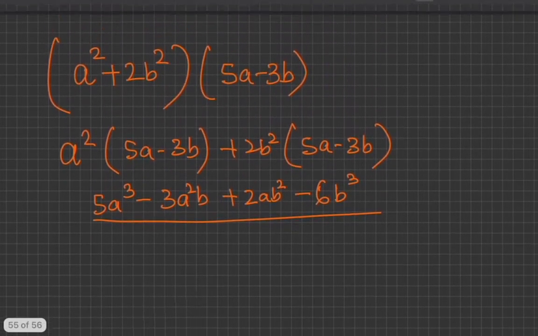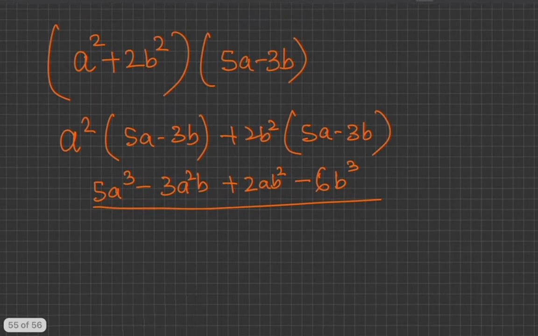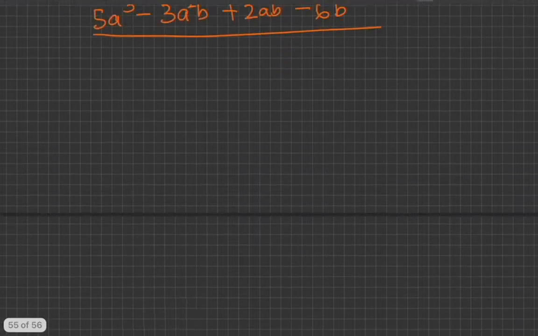We can use the same procedure for multiplying a trinomial by a binomial, or a trinomial by a trinomial, or a polynomial by any term. We can still use the same steps. Let's take another one.